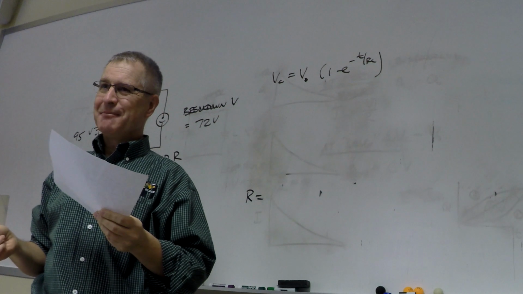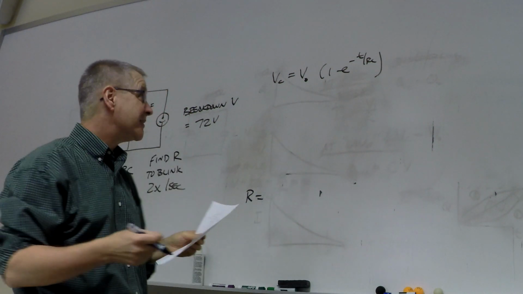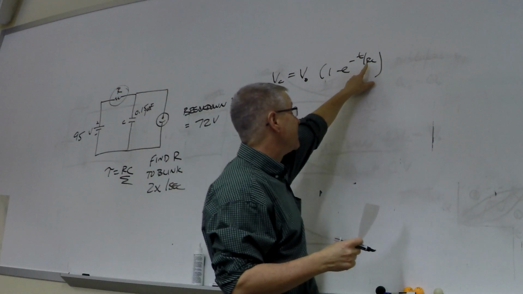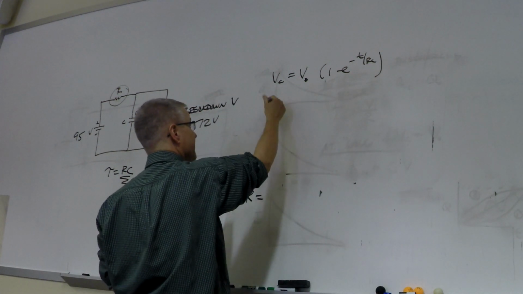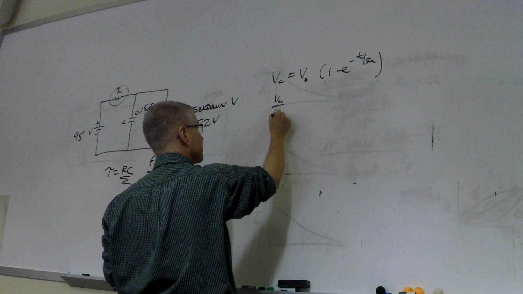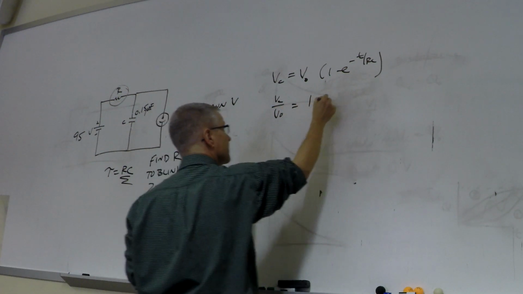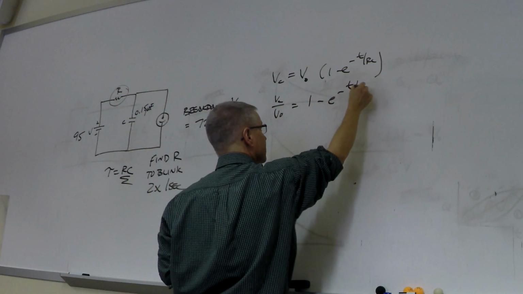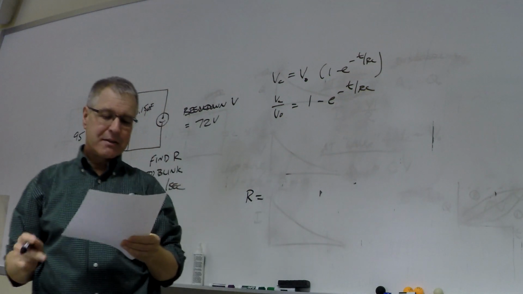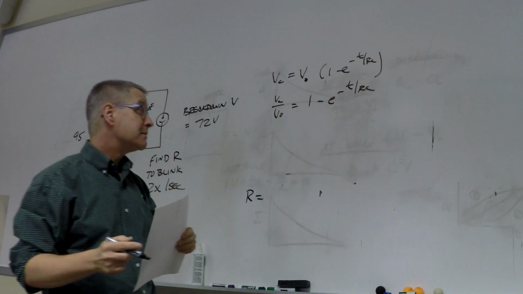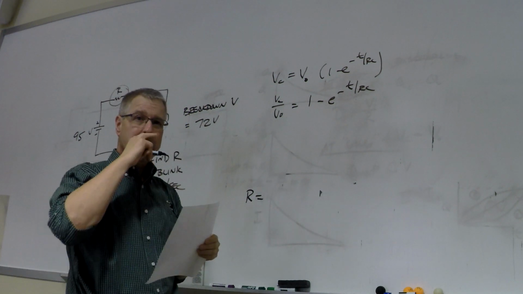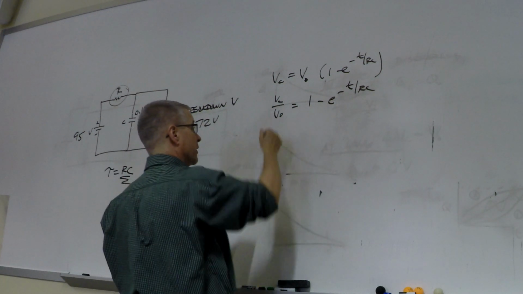Let's go step by step. I need that by itself. Let's bring this over to the other side of the equal sign first. What next? Let's bring the 1 over there.